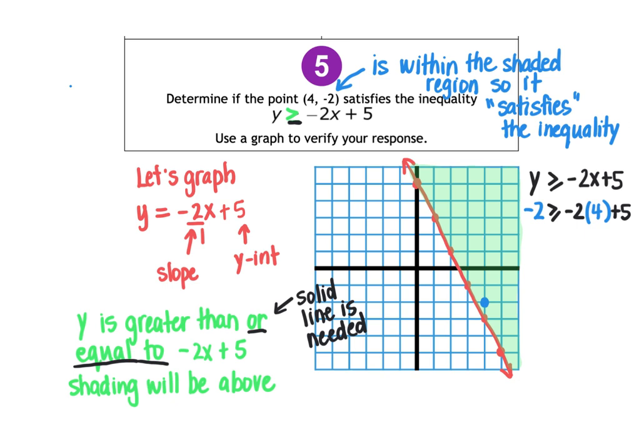This would give us -2 is greater than or equal to -2 times 4 plus 5. Let's work out what's happening on the right side of this inequality. We would have -8 plus 5, or -3. The inequality would then read -2 is greater than or equal to -3, which we know to be true. So the point satisfies the inequality using algebra as well as it did when we made the graph.